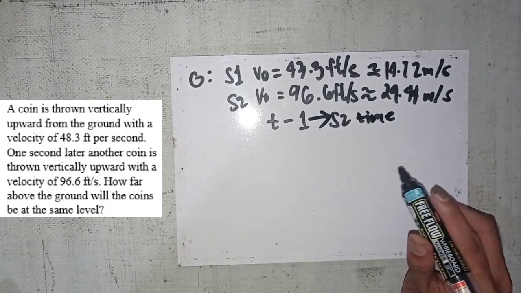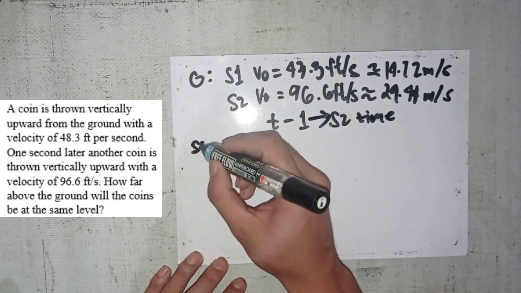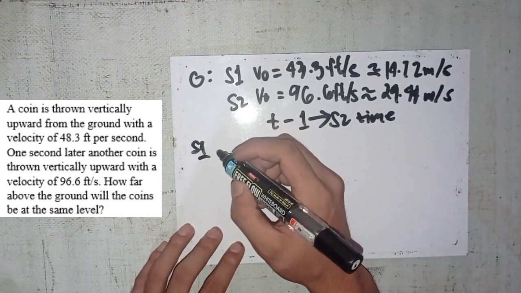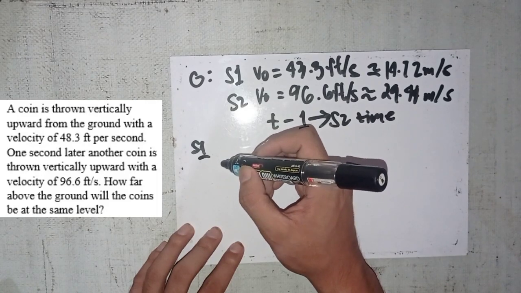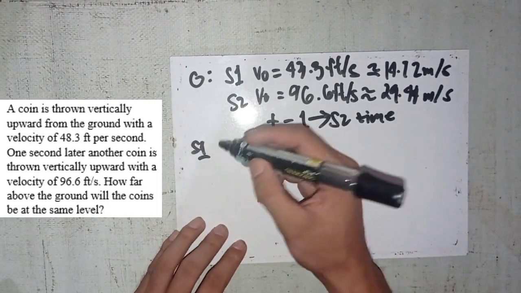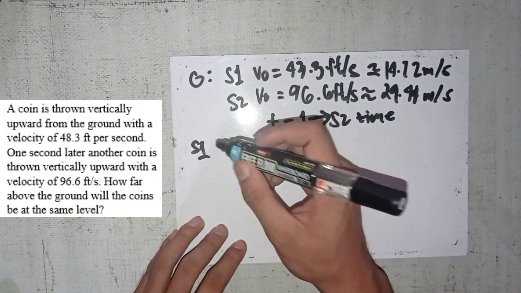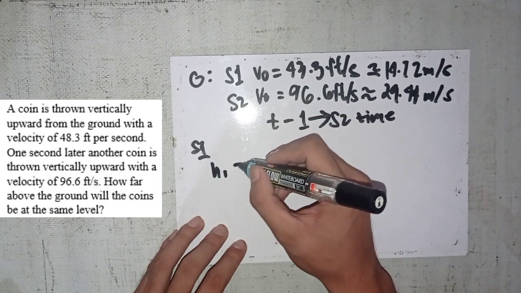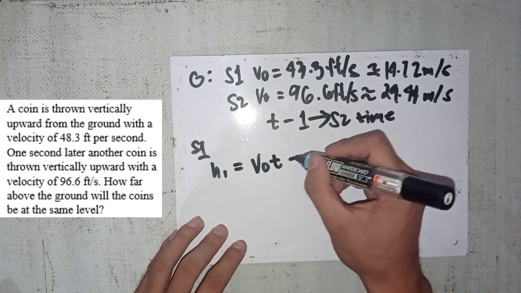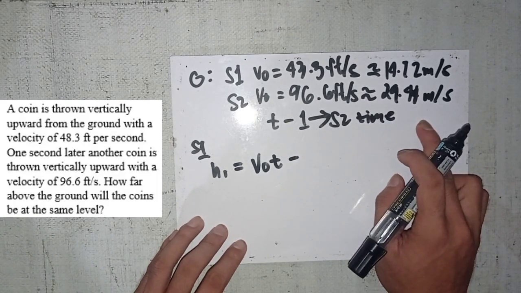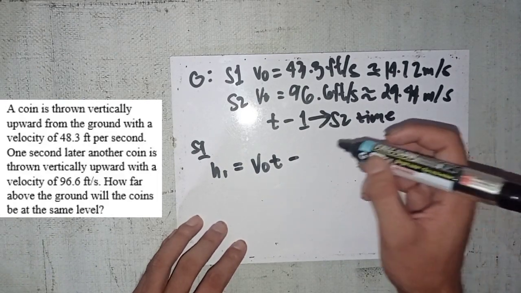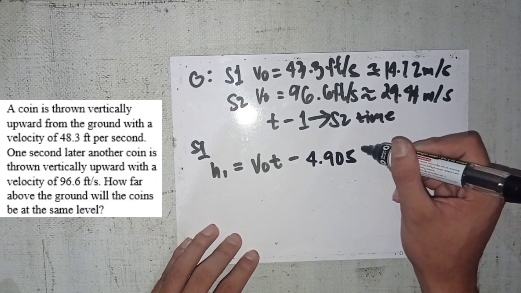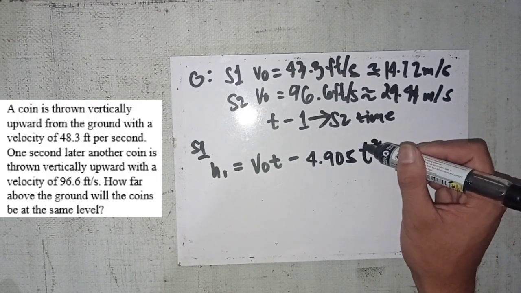Okay, so for stone 1, since this is in terms of the height, we can use the rectilinear motion equation. The change of height h1 is equal to the initial velocity times t minus one half of the gravitational acceleration, so 4.905 meters per second squared, times t squared.